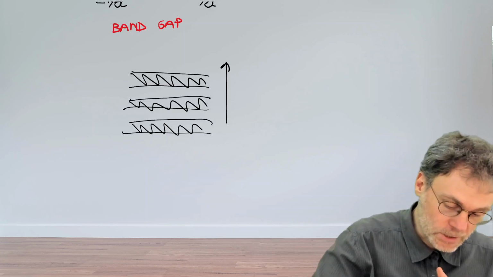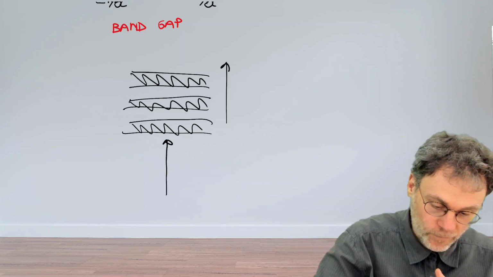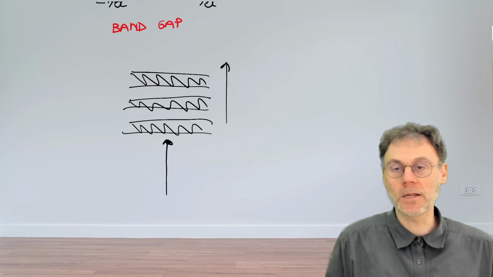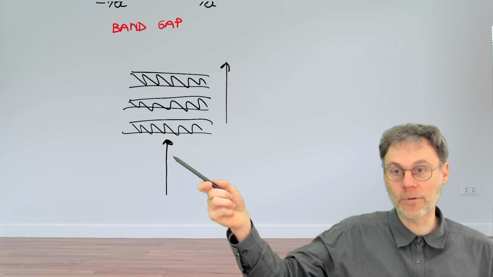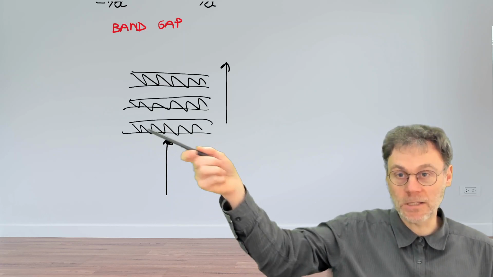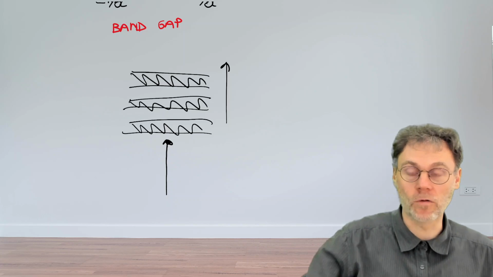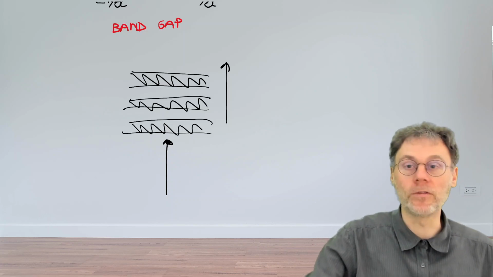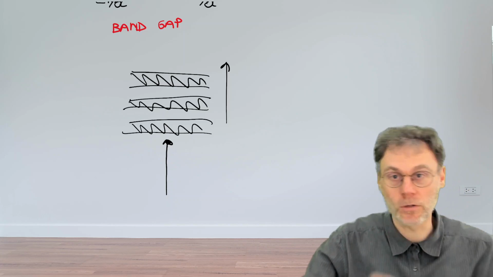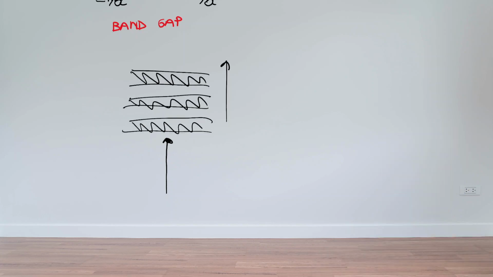And then we're going to excite the structure with a plane wave coming from below, from free space, in the frequency region where we have this band gap. And then we ask ourselves the question, what will happen to that plane wave if it hits this periodic structure over here? So pause the video and think about what the fate would be of this plane wave that's hurtling towards our periodic structure.